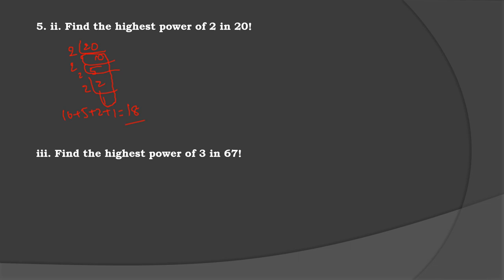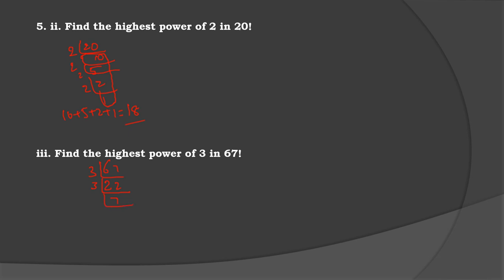So next one, find the highest power of 3 in 67 factorial. Take 67, do successive divisibility with 3. Here it is 22 times, skip the remainder. Again in 22, 3 goes how many times? 7 times.